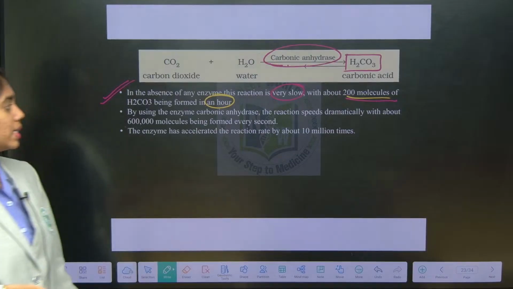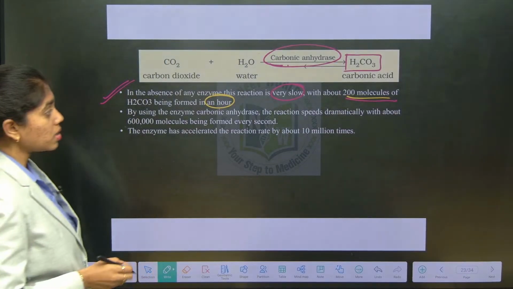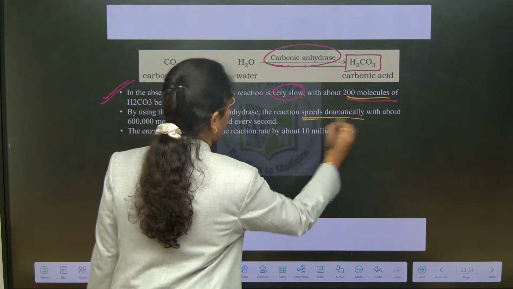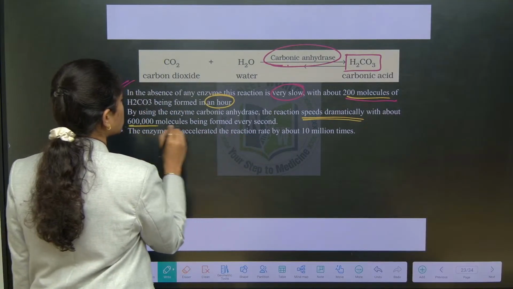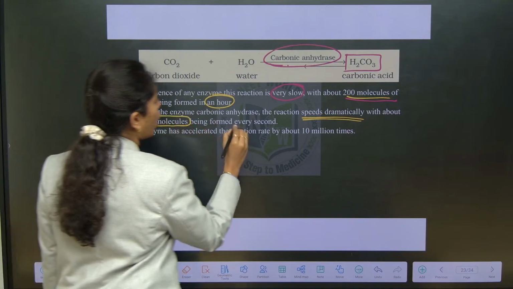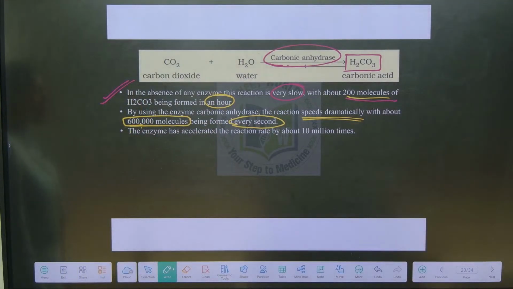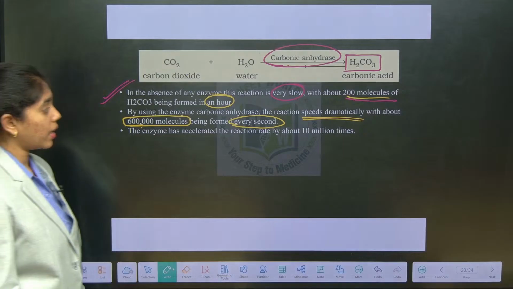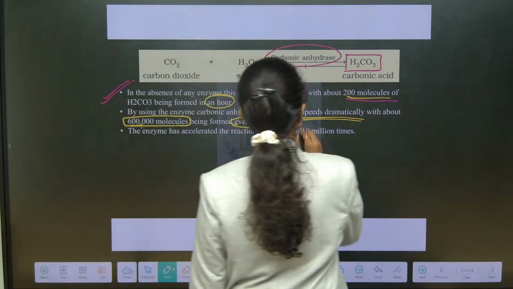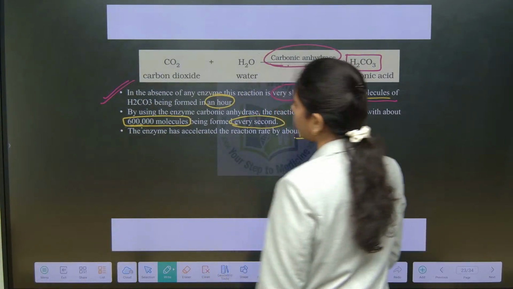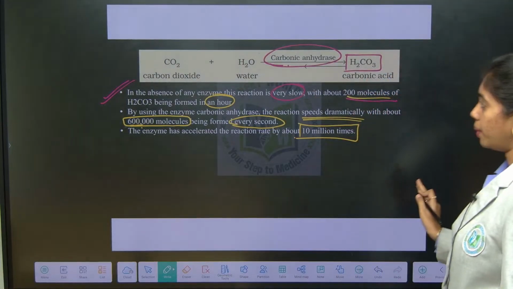By using the enzyme carbonic anhydrase, the reaction speeds up dramatically, with about 6 lakh molecules formed per second. The enzyme has accelerated the reaction rate by about 10 million times. Fine, right? Remember this, it is very important.